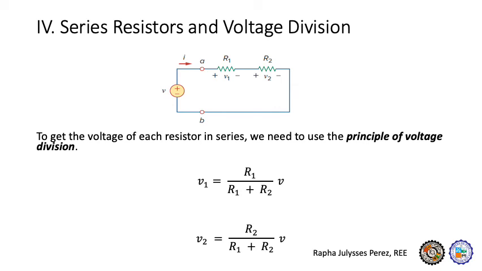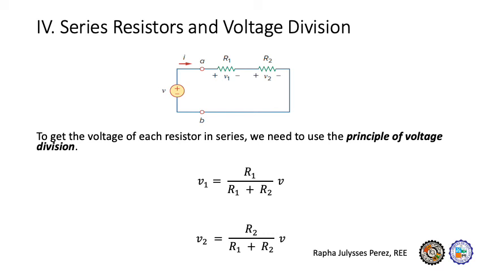So for V1 and V2, the voltage for each of these resistors would be directly proportional to the value of the resistance. The voltage source V is divided among the resistors in direct proportion to their resistances. That is for resistors in series.